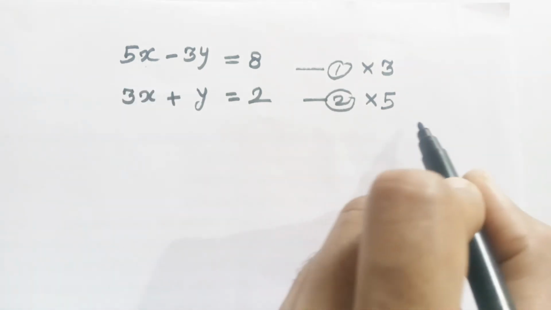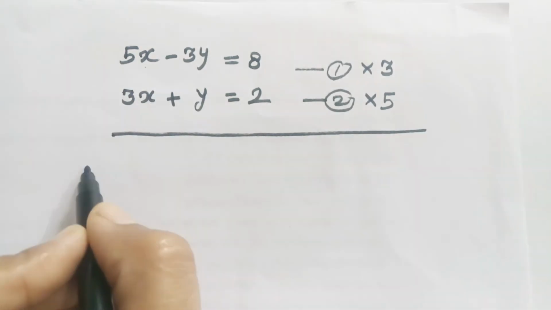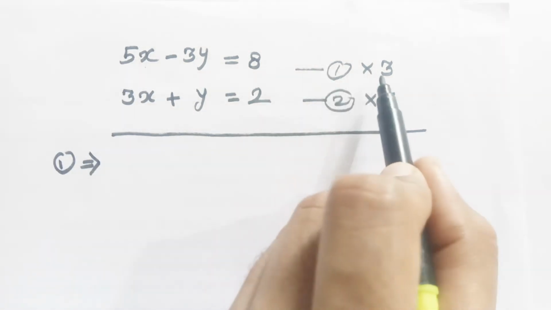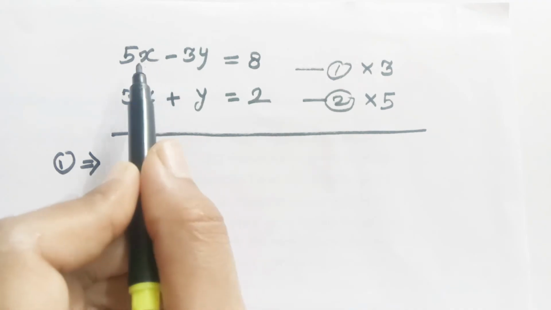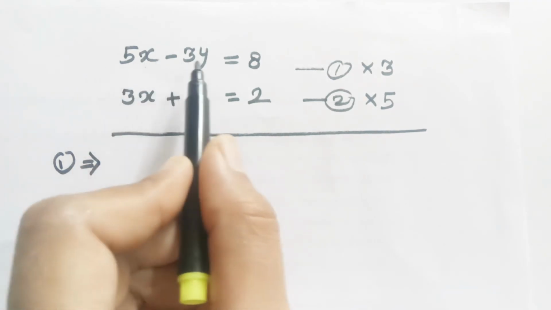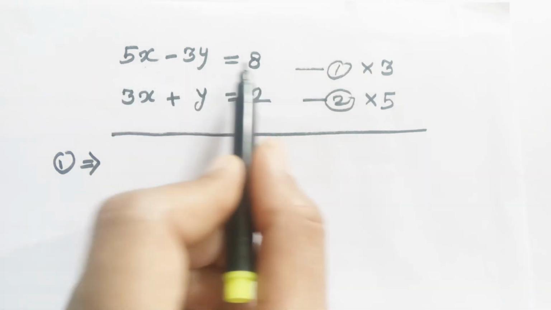Now after this multiplication we get the new form of equation 1. Multiplying by 3 means we have to multiply 3 on both sides and to all the terms.